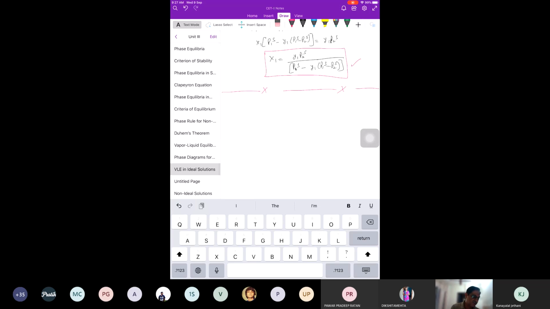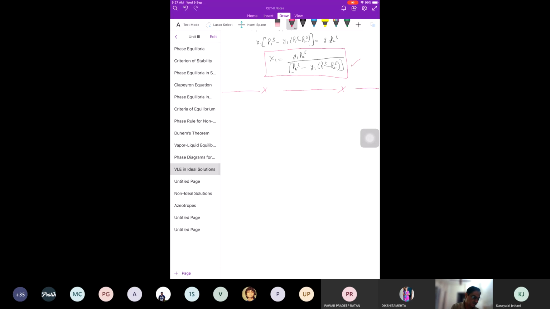So what we have to do is we have to take acetone material balance. दिख रहा है ये acetone material balance लिखा मैंने.